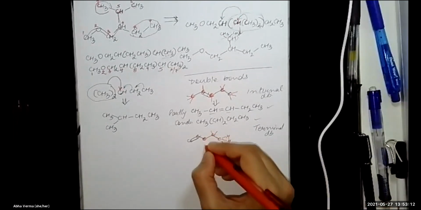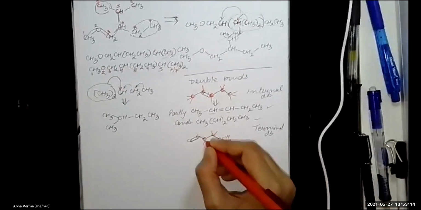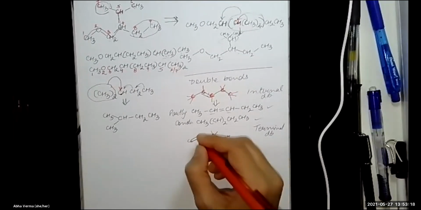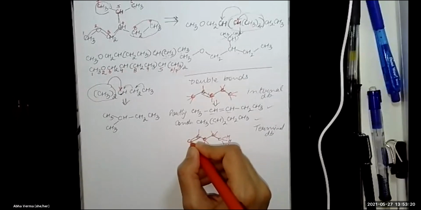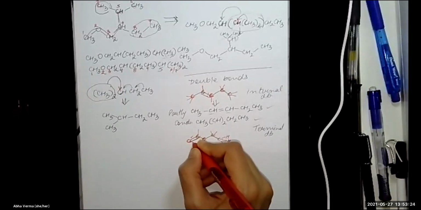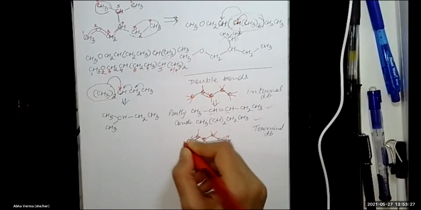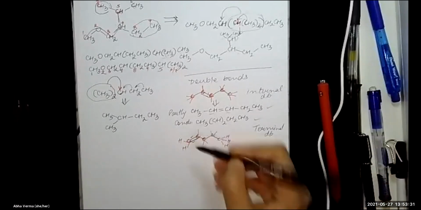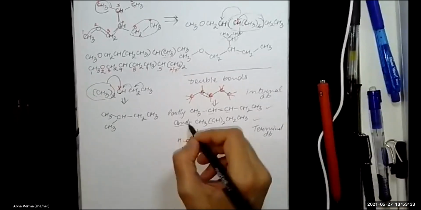How many hydrogens will this have? 2. How many hydrogens will this have? 1. Very good. How many hydrogens will this have? 1. No, 2. So it already is making 2 bonds and it will have 2 more bonds. So 2 more hydrogens, right? Now let's write the partly condensed and the condensed.